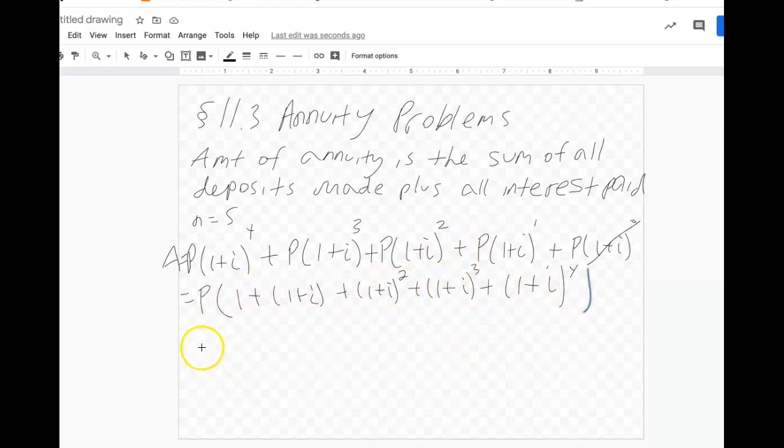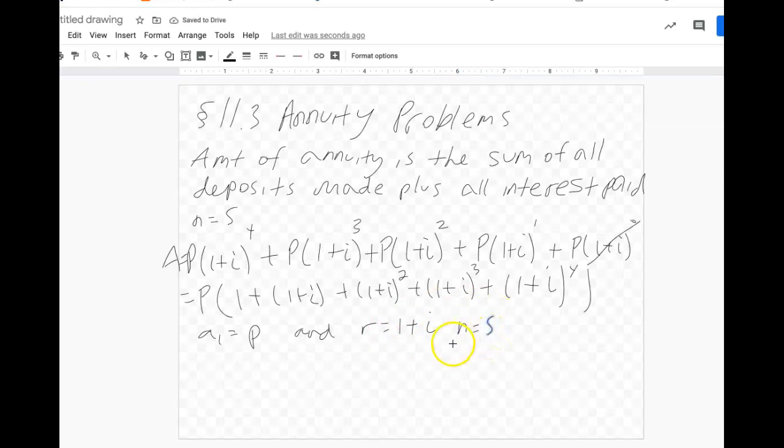In this case, our initial term, or a1, is P, and the rate, the constant factor growth, is r equals 1 plus i. And there's 5 terms, so then n would be equal to 5.